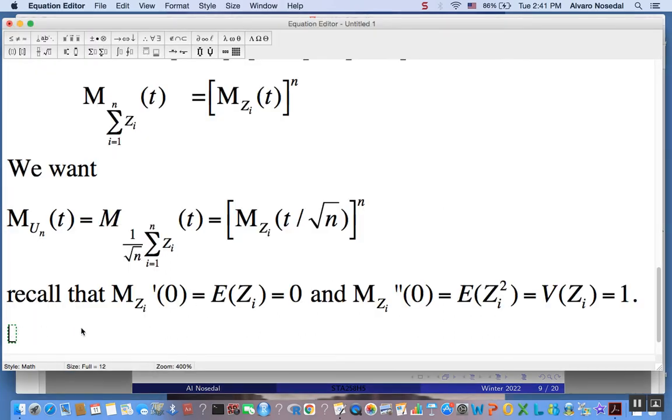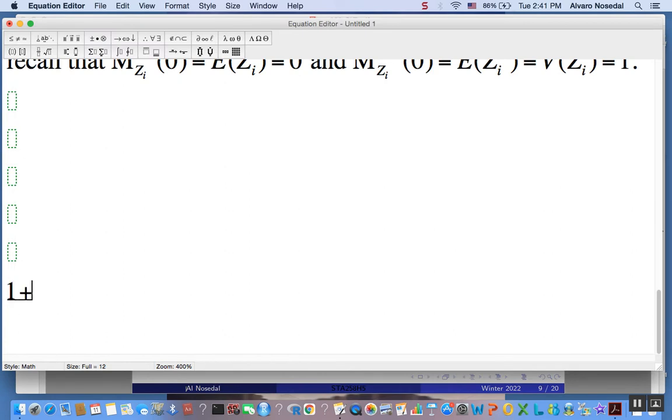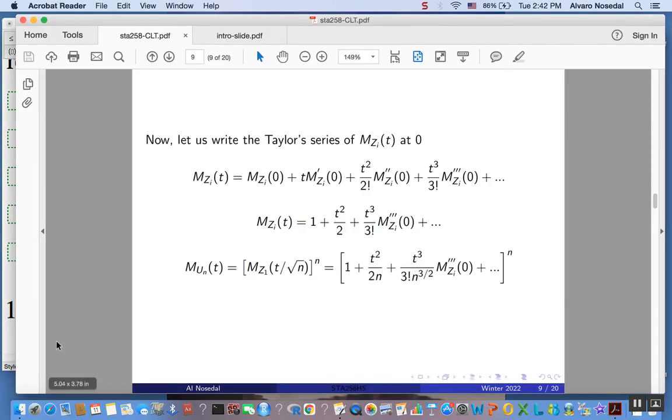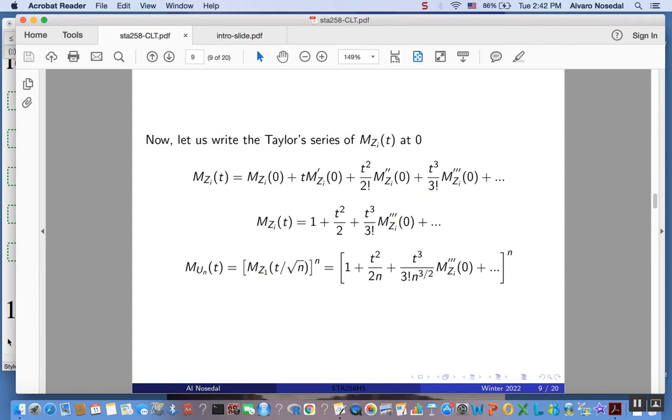So what we're going to have is this guy here, 1 plus t squared divided by 2n plus t cubed divided by 3 factorial n to the power 3 over 2, and that's times the triple derivative of the MGF with respect to t evaluated at 0, right?